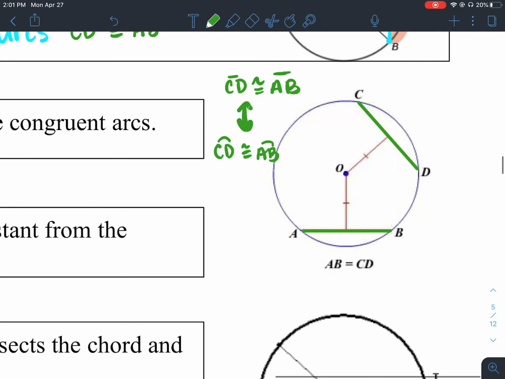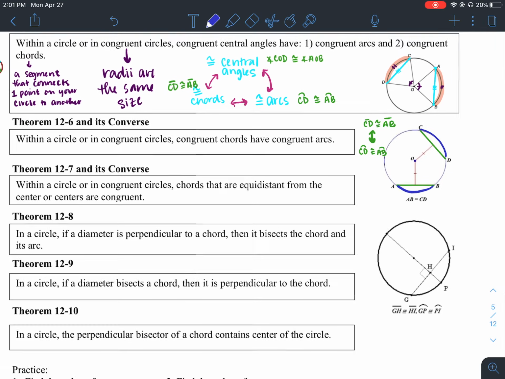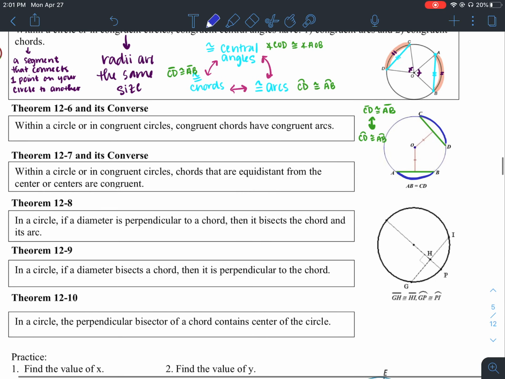So arc CD, and I'm going to do that in a different color, whether I'm talking about measure or distance, is congruent to arc AB. Okay, theorem 12.7 and its converse, same picture here. Or this 12.6 could actually be using this picture up here, and 12.7 uses this picture here.